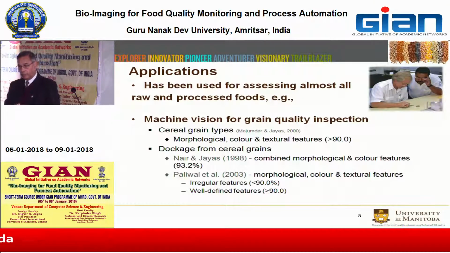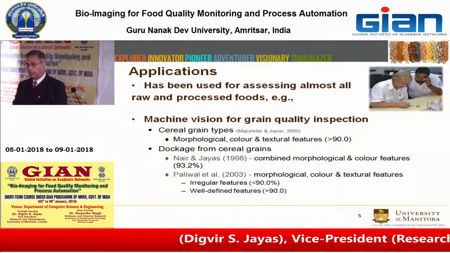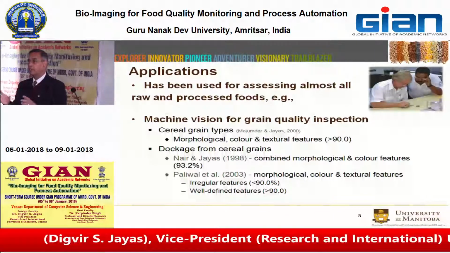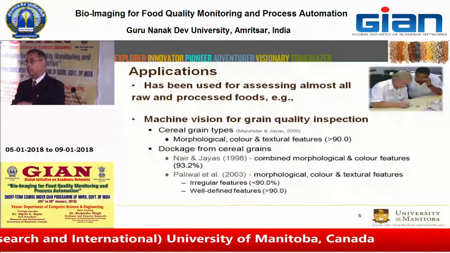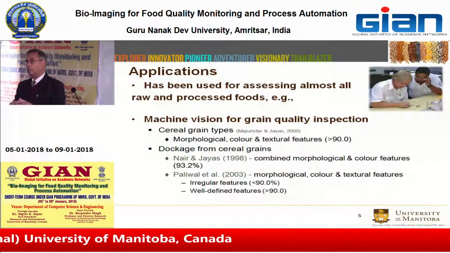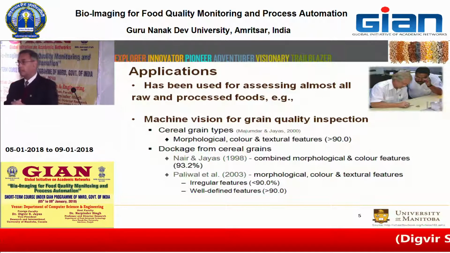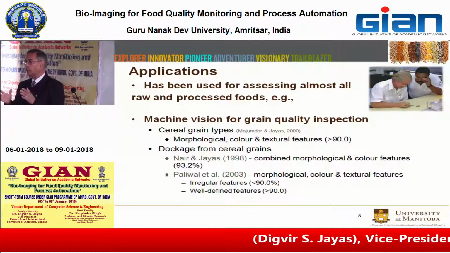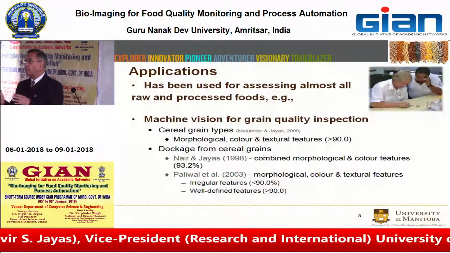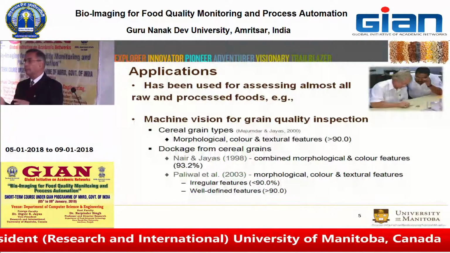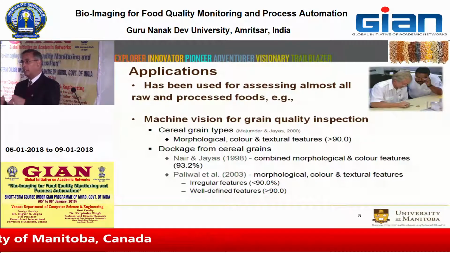Similarly, work has been done on looking at the features for identification of foreign material in the grain and the dockage components in the grain. Dockage, as you would know, is defined as anything present in the grain sample which could be removed by sieving, and whatever is left in the grain after sieving is the foreign material.